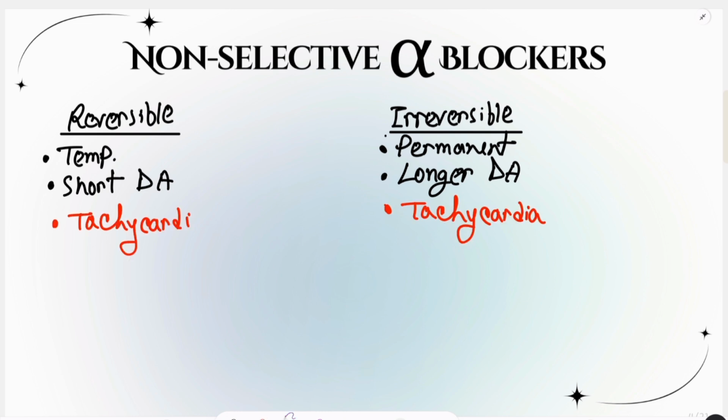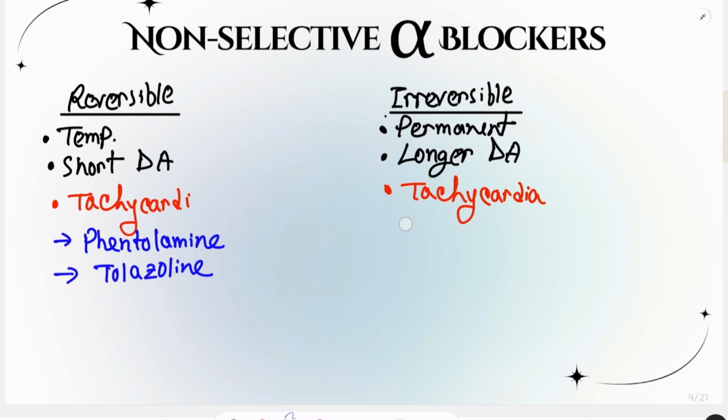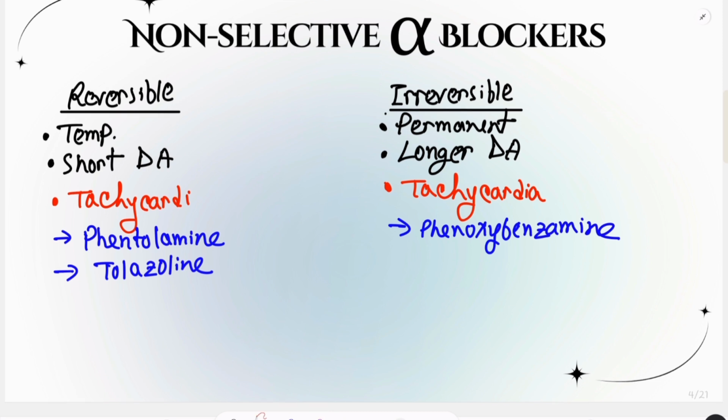The drugs in the reversible group are phentolamine and tolazoline. And the drug in the irreversible group is phenoxybenzamine. So what is the clinical use of them? As they are non-selective drugs, we previously said that non-selective drugs can be used for severe hypertension.